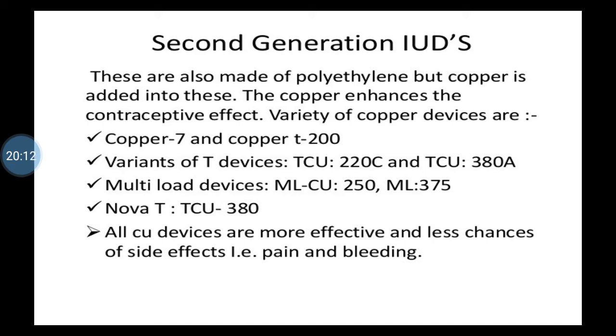Now the varieties of copper devices are Copper 7, Copper T 200, then variants of T devices. These are some of the important examples which are available in the market. All copper devices are more effective and there are fewer chances of side effects, like pain and bleeding.